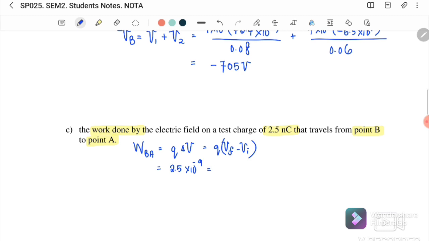Here our V final, because it's from B to A, is VA, where VA just now is negative 738, minus negative 705, which is VB. So the work done by the electric field on the test charge is negative 8.25 exponent negative 8 joule. This is the work done to move the test charge from B to point A.